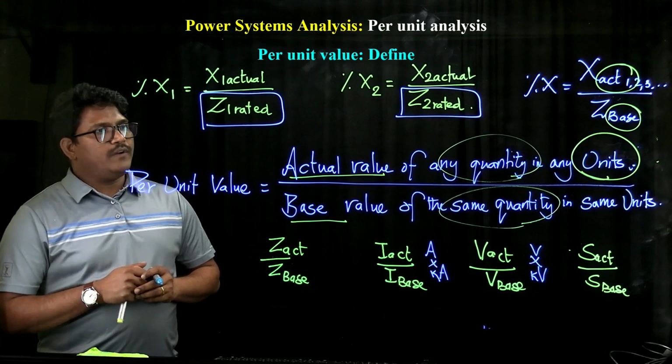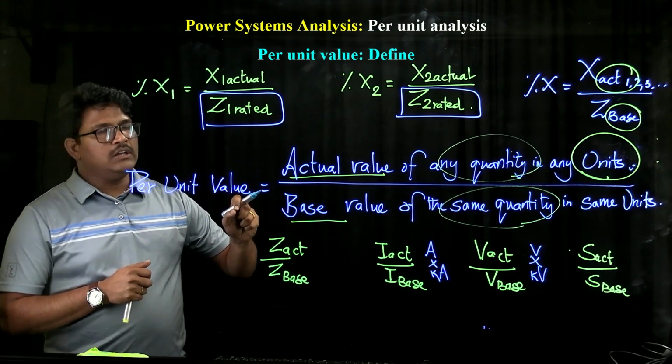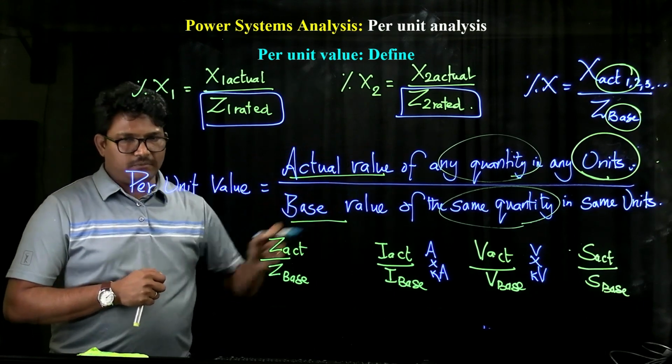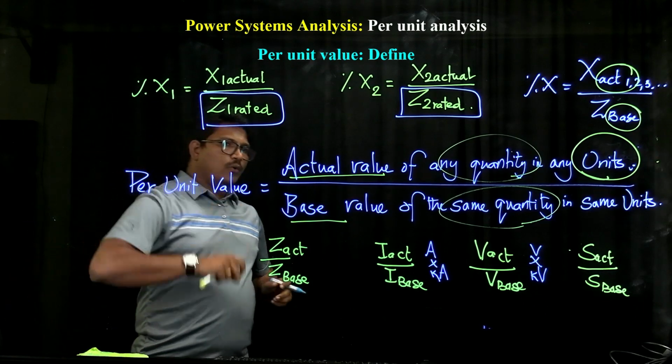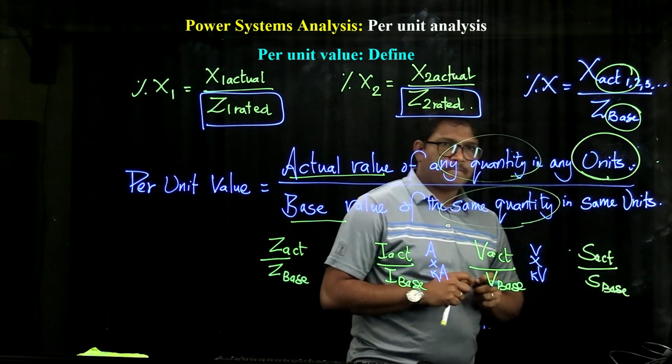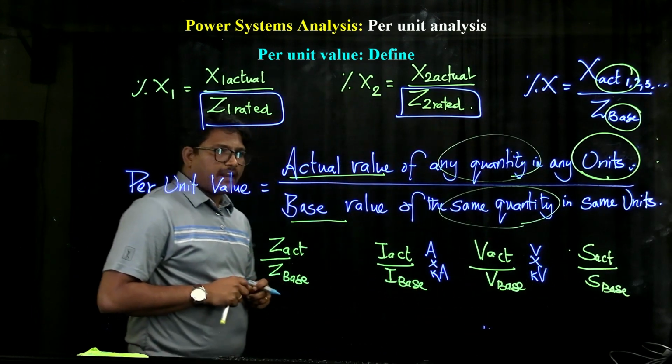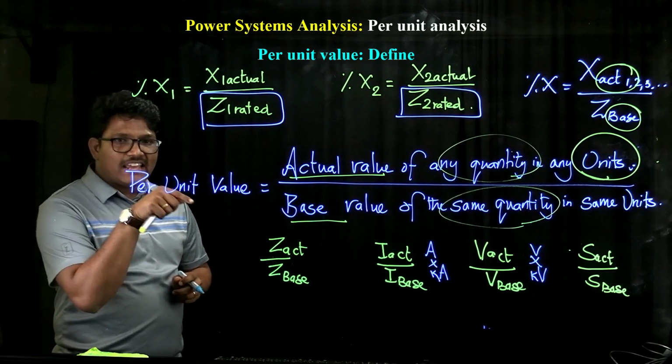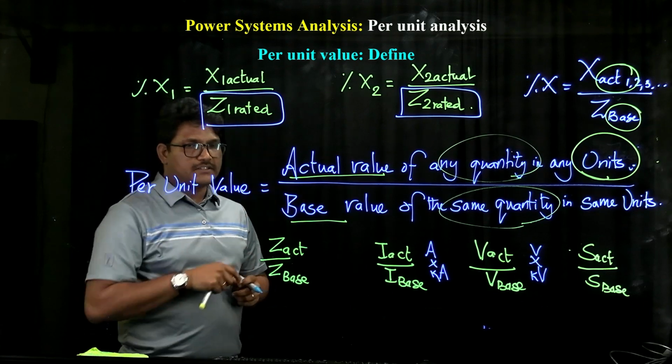That is why we are so specific about giving the units to be same there. So the per unit value is actual value of any quantity in any units divided by base value of the same quantity in the same units.